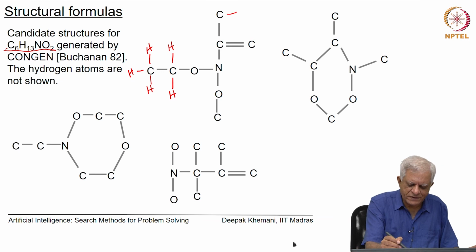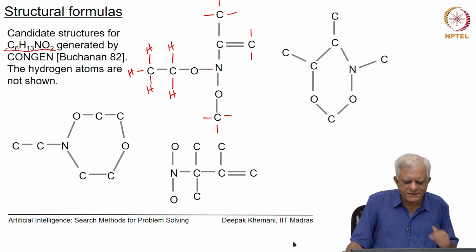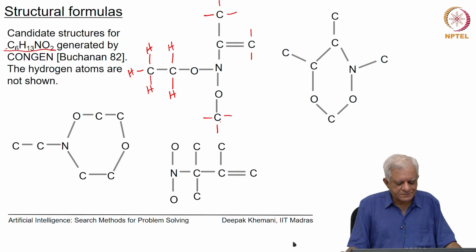So, 3 here and 2 here and 3 here essentially. I am not drawing the entire set, but since hydrogen atoms can obviously be filled in, we have not shown them. So, which of these is really the material that we are looking at? That is the task that Dendral was helping the chemists to solve.